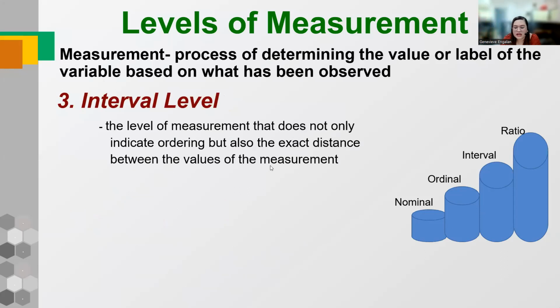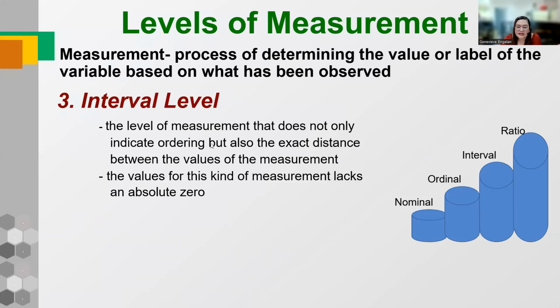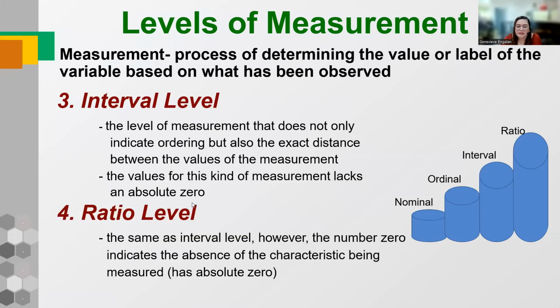The interval level, class, is still numbers. The difference between the interval and ratio levels: both are numbers. The difference is that in the interval level, the value of this kind of measurement lacks an absolute zero.